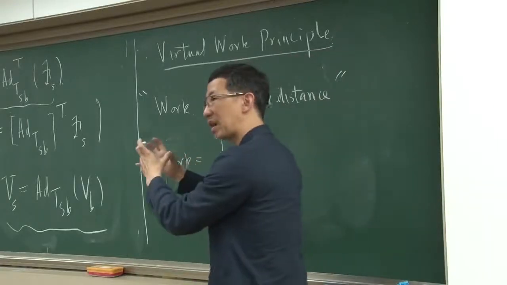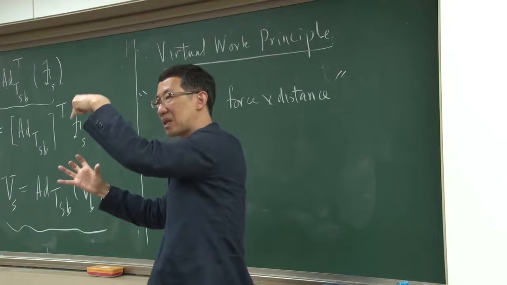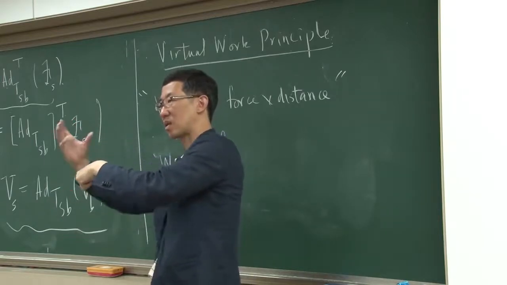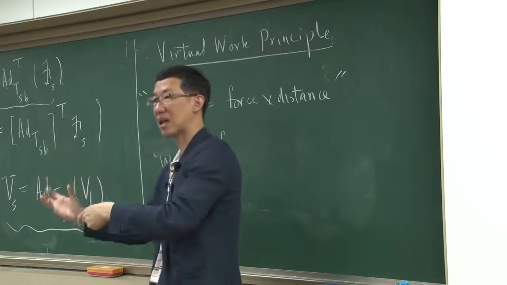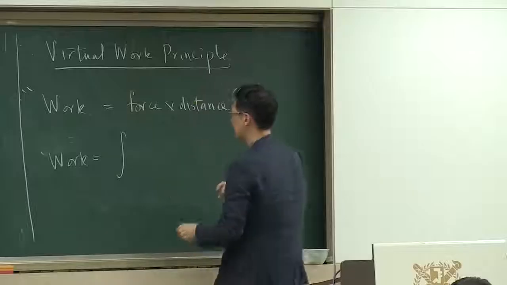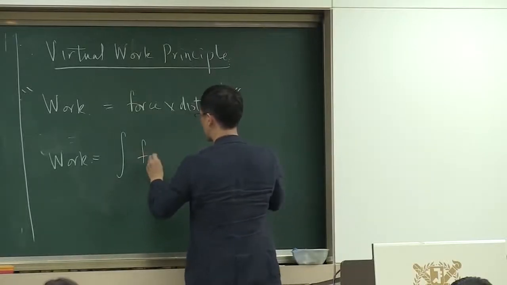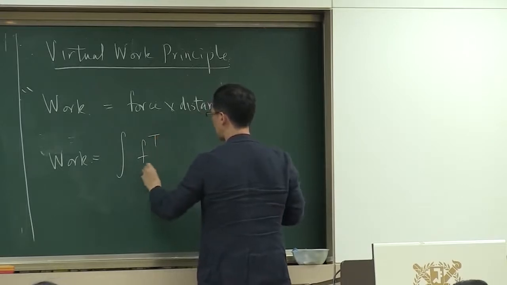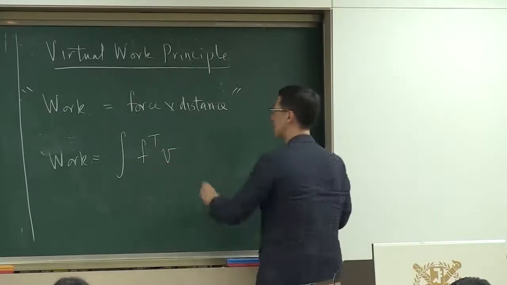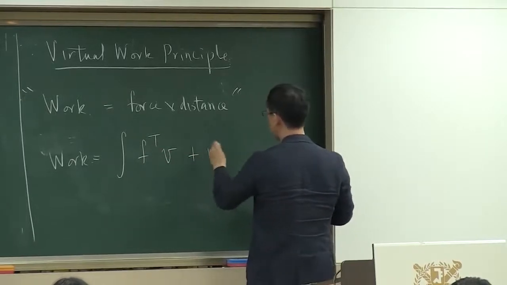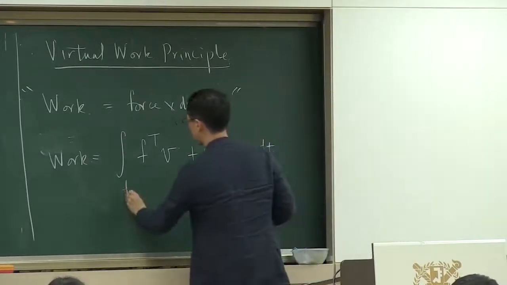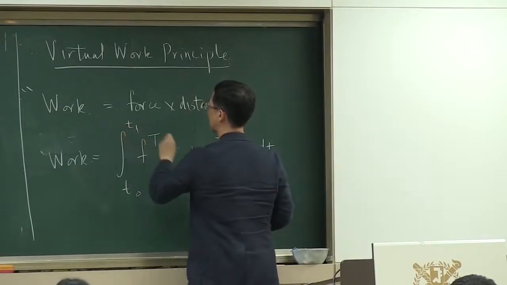So if we have some rigid body, and a force is being applied to the rigid body, which moves with a certain linear velocity and angular velocity, the force may also generate a moment. In that case, we write the work as force transpose times velocity, plus the moment times the angular velocity, and we integrate it from some initial time t0 to some final time t1.